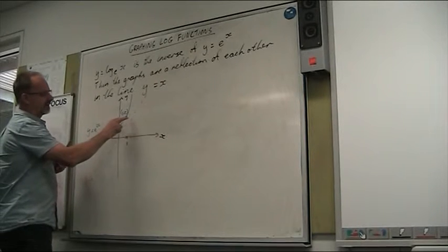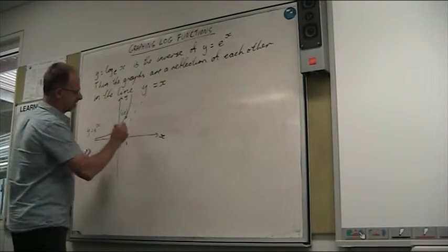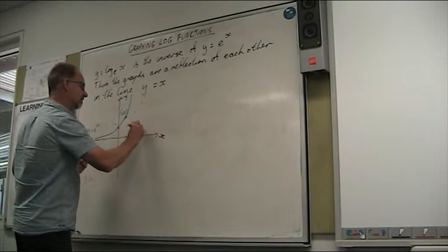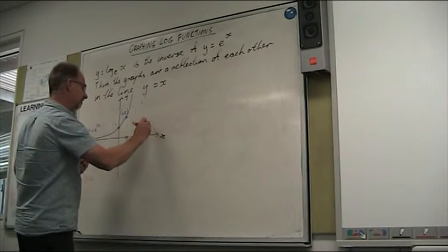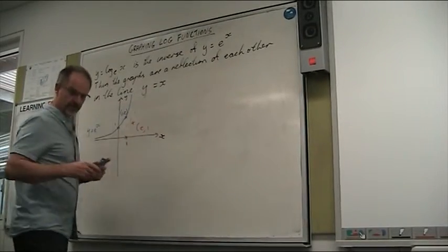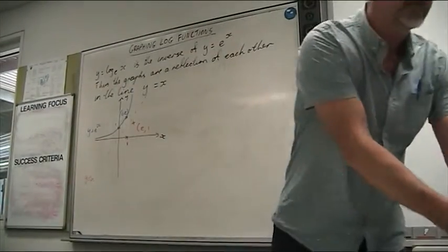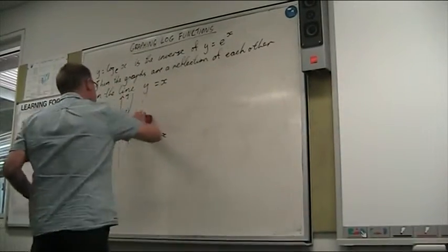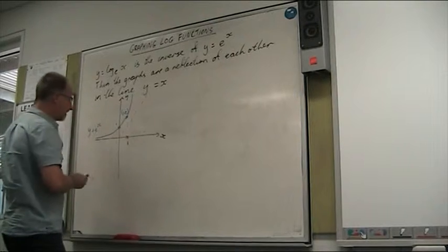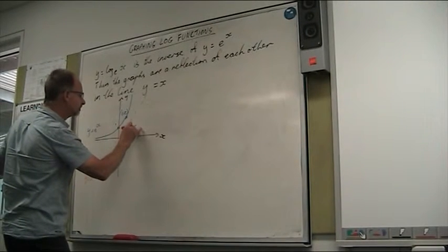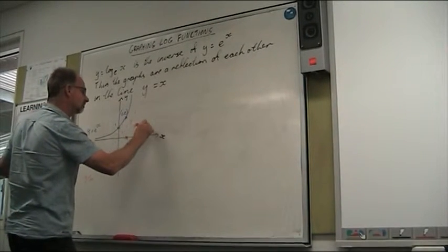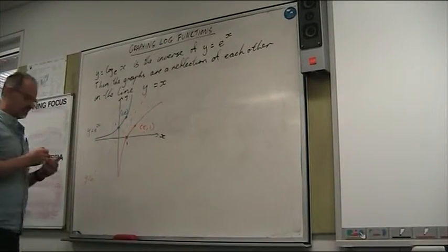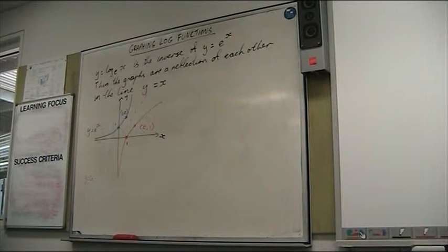This point here gets reflected over to here, and the coordinates of that point are now (e, 1).